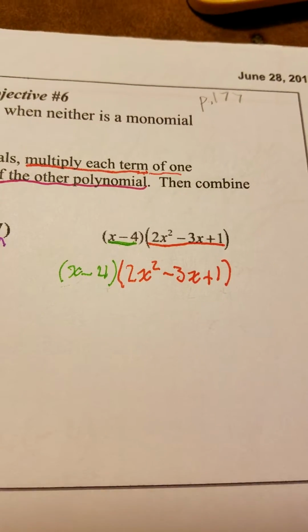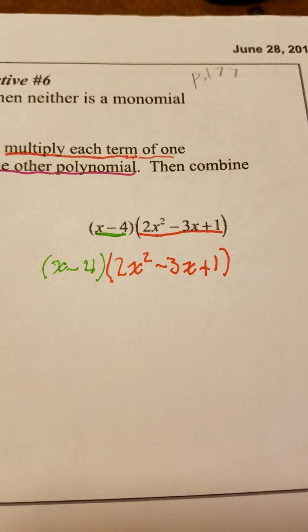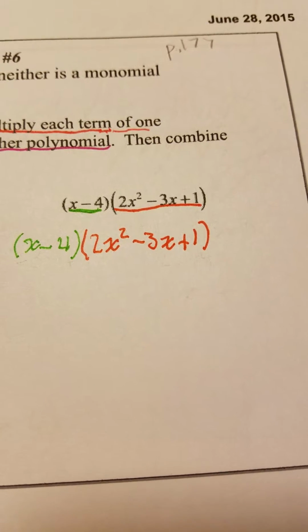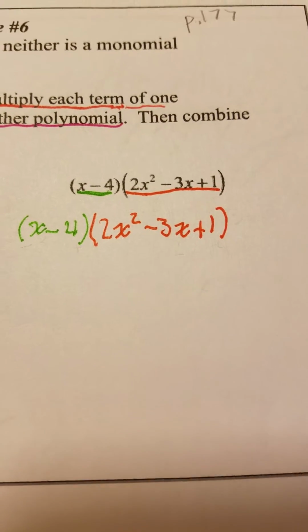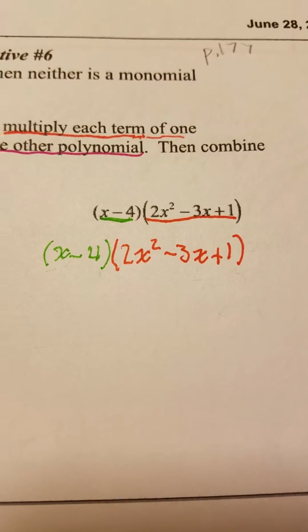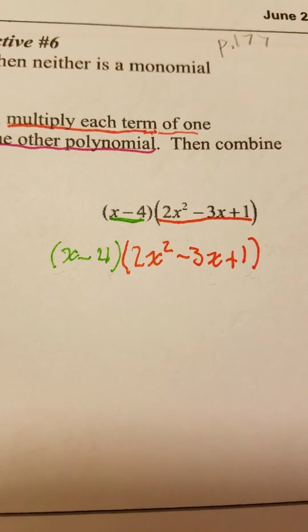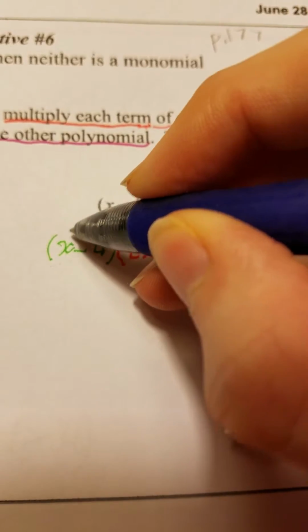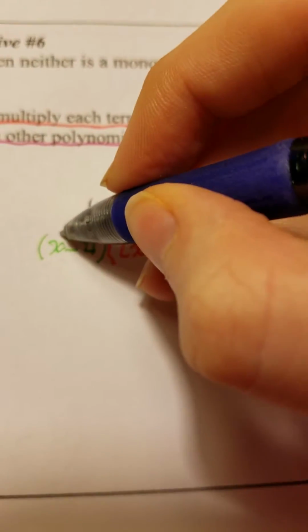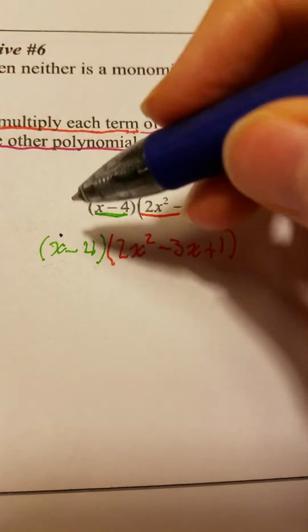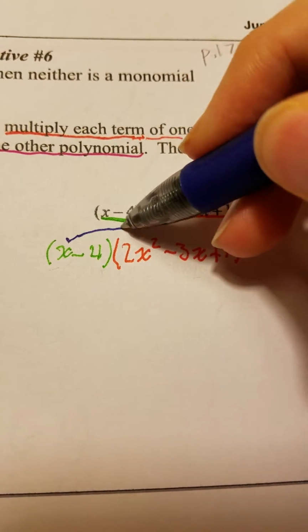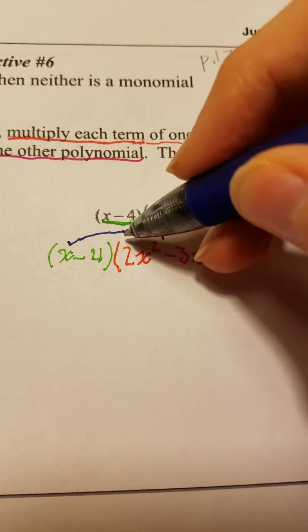You ready? Okay. First thing we are going to distribute will be x to each of these. So first we're distributing this x to the whole nine yards over here, all of it.